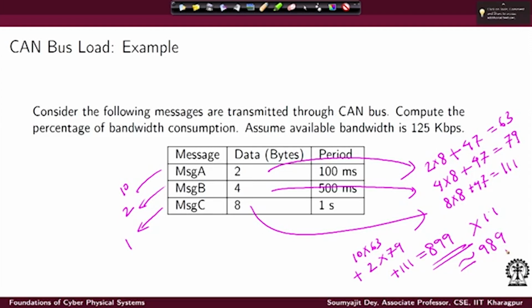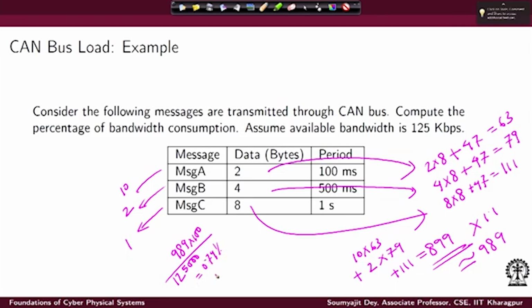Now let's say you are given this baud rate of 125 kilobits per second, right? So essentially what you have is something like, so it's pretty low.